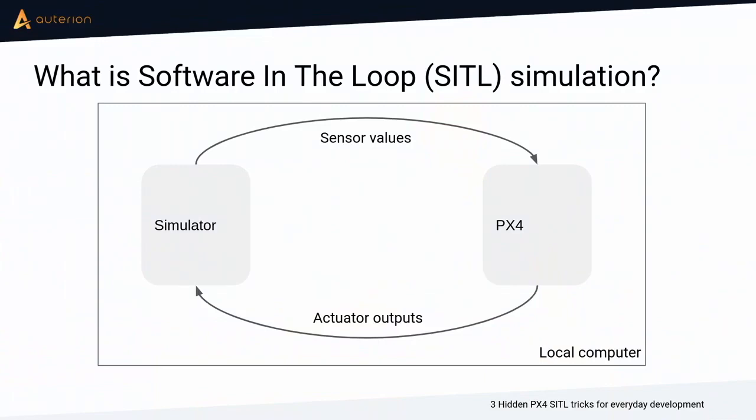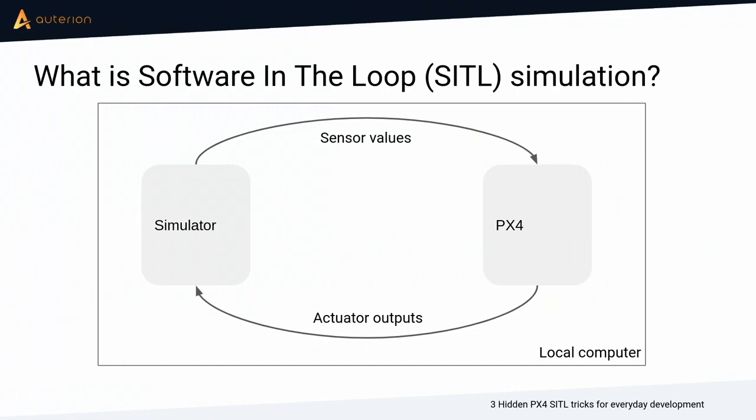Before I go into the SITL tricks, I think most of you are probably familiar with SITL. Just wanted to take a small step back and explain what it is. So software in the loop simulation, you have everything running on your local computer. The simulator on one side, that's generally jMAVSim or Gazebo for the common PX4 case, which simulates the world and publishes sensor values, essentially.